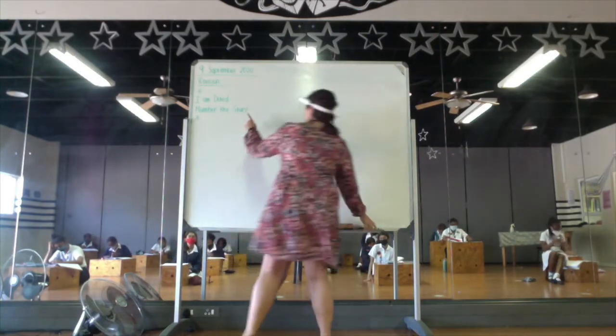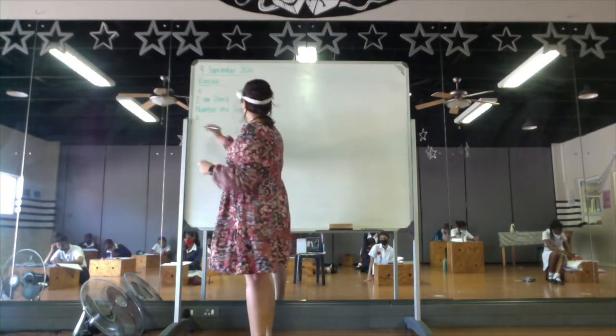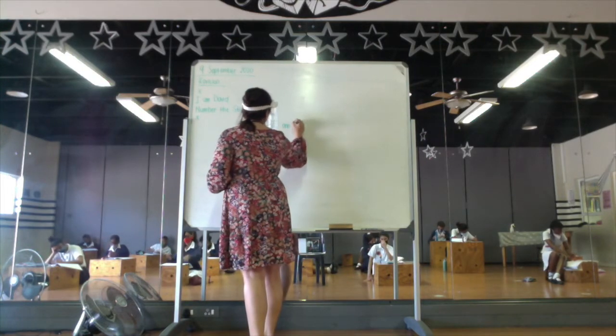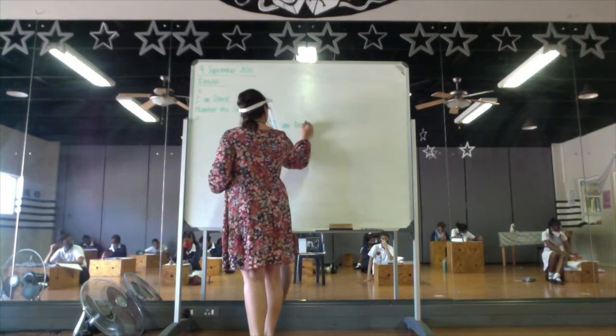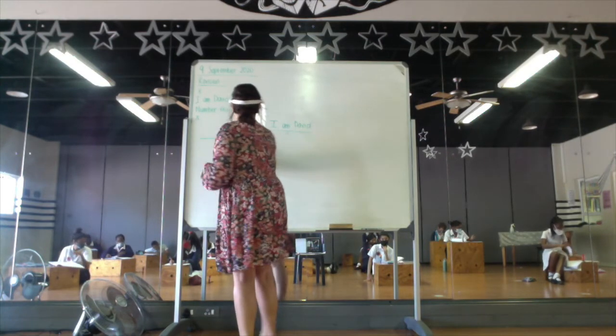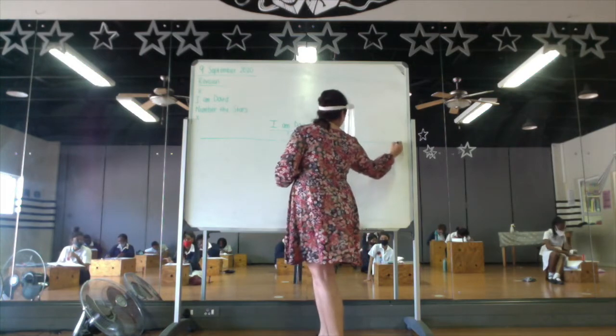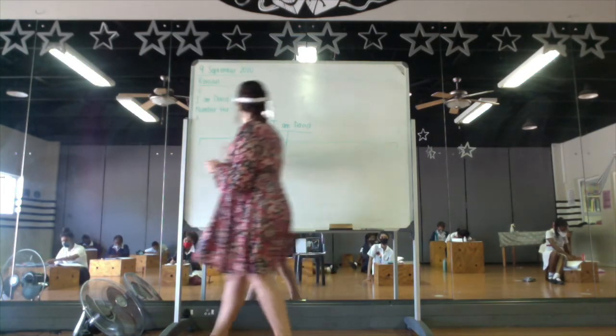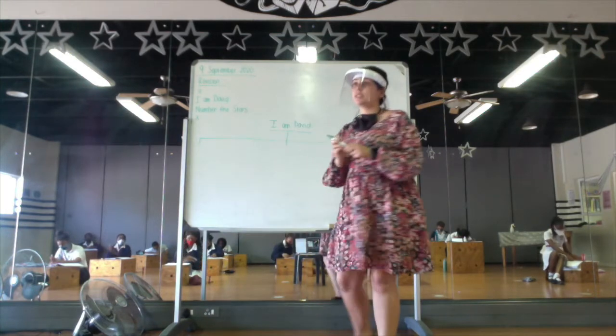So we're going to be looking at I Am David first. So you'll write the title of the novel. And please use a ruler even though I'm not. And you have 1, 2, 3 branches.